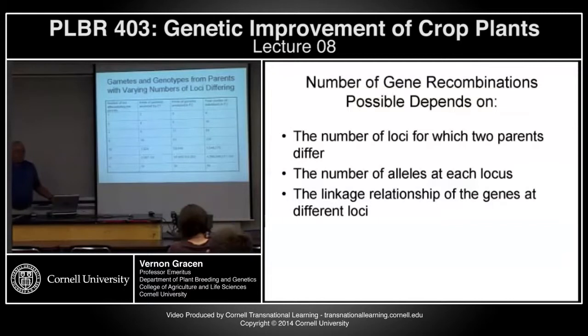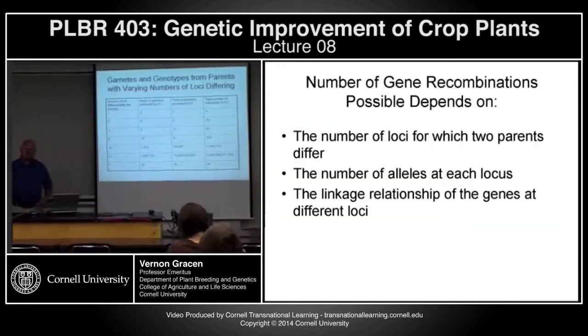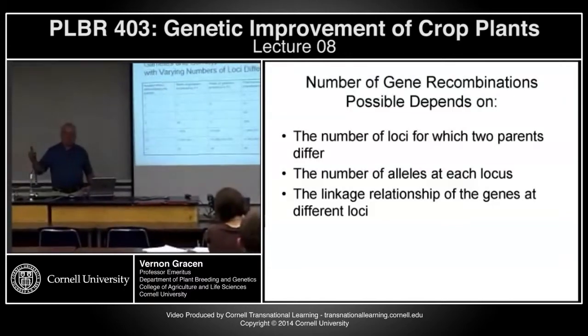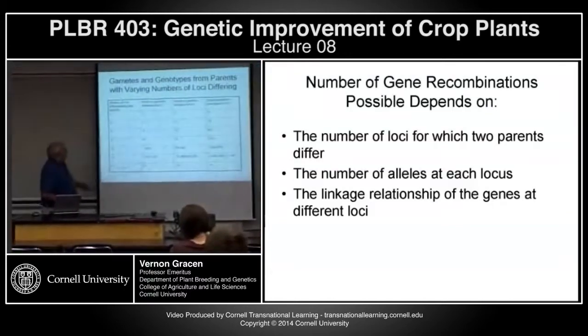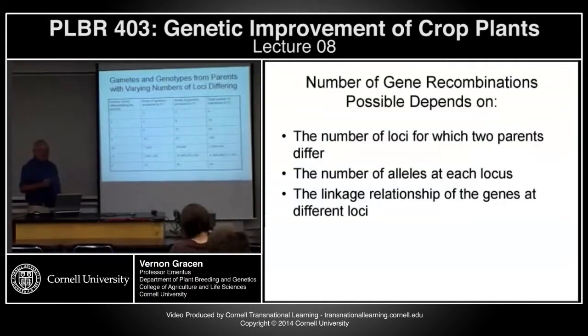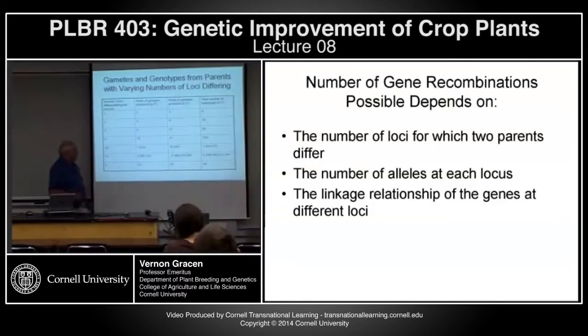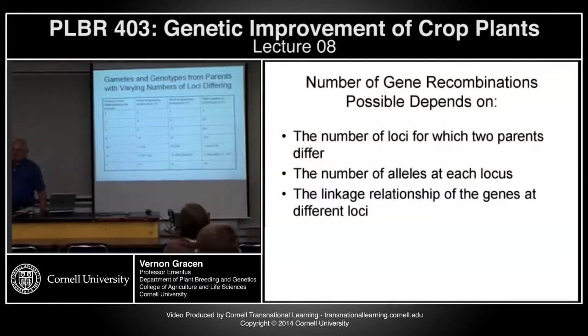Pretty simple Mendelian type genetics. It's easy to do. You drop down to if your two parents differ by 10 loci. Then you've got over 1,000 different kinds of gametes produced in the F1, almost 60,000 different kinds of gametes produced in the F2, and about 1 million different types of individuals can show up in that F2 generation.